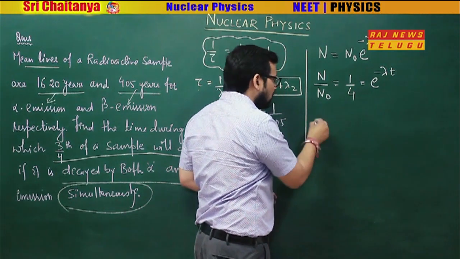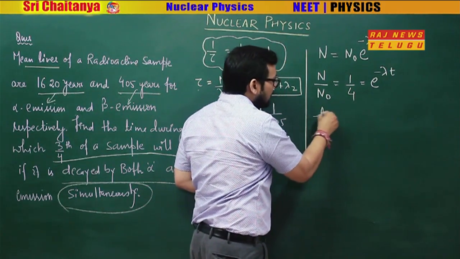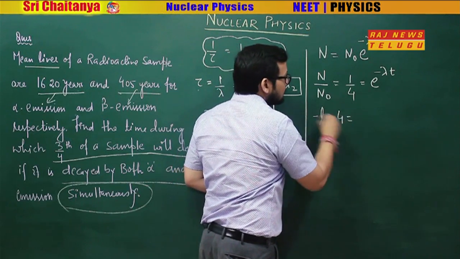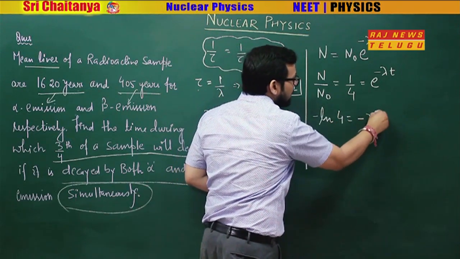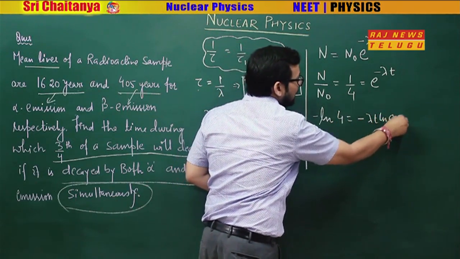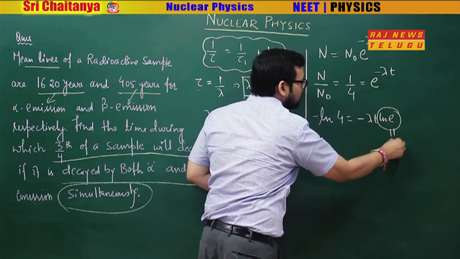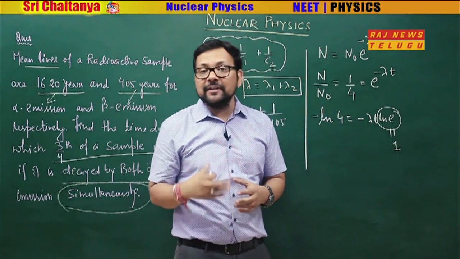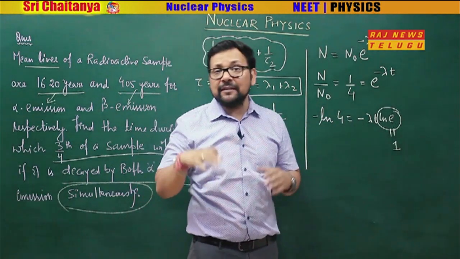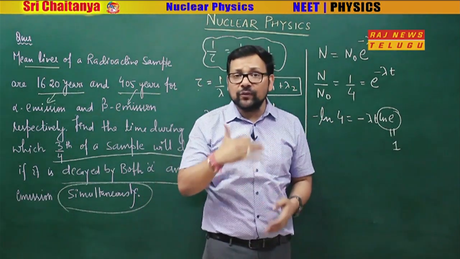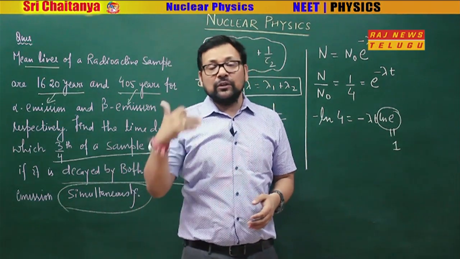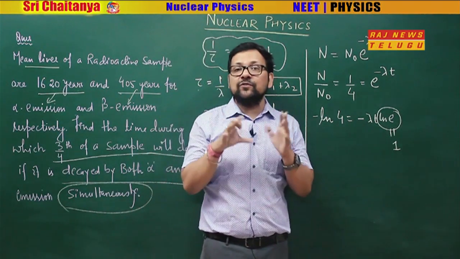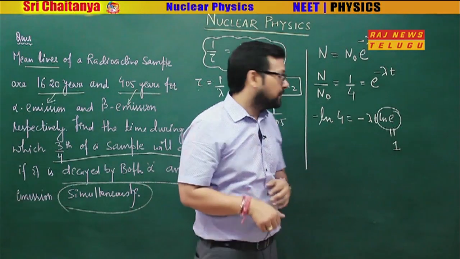Taking log on both sides, minus ln 4 is minus lambda t ln e, and you know ln e is 1. Again, these questions are quite frequent in NEET exams, so you have to be very strong in the fundamentals of logarithm.